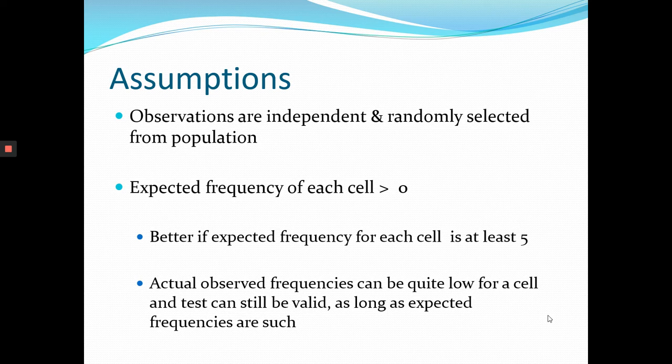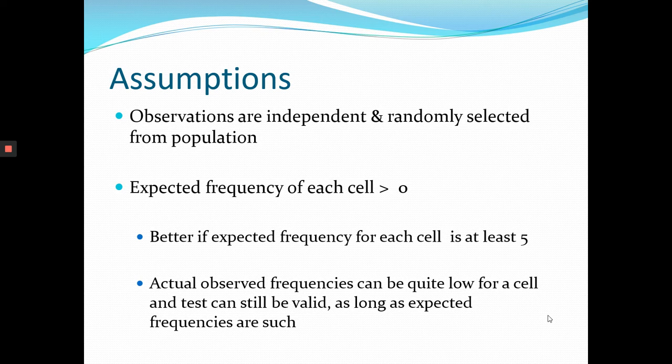Our design was meant to be that they're separate variables, independent from each other. And then the assumption also is that these observations are randomly selected from a population. So our sample's not biased to make the relationship look a certain way. It's just a random sample.